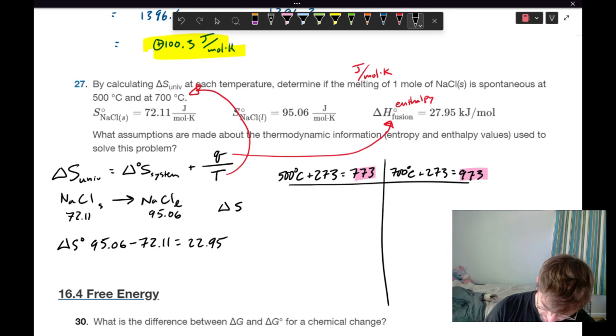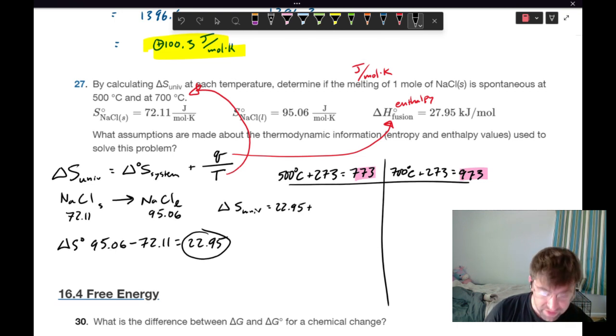A little crowded here, but the change in entropy of the universe is our delta S naught for the system, so 22.95 plus the change in heat. So our Q value was 27.95 divided by our temperature, 773.